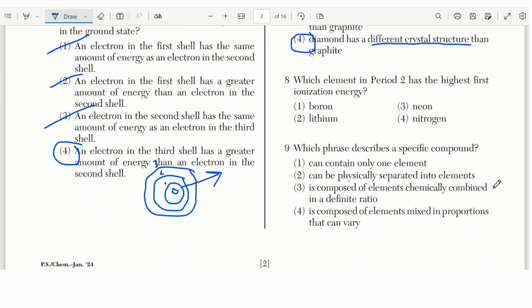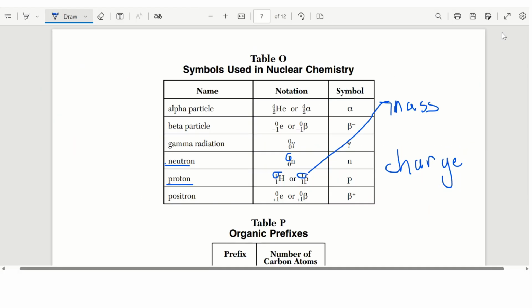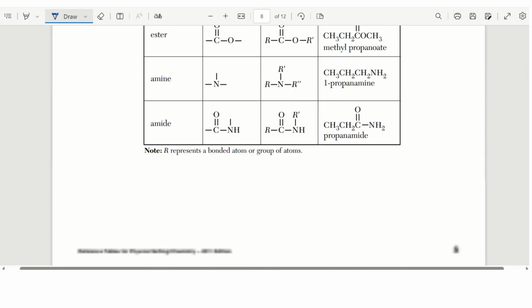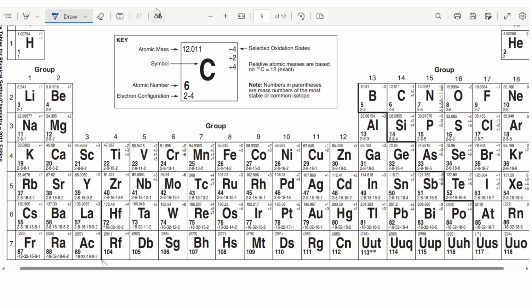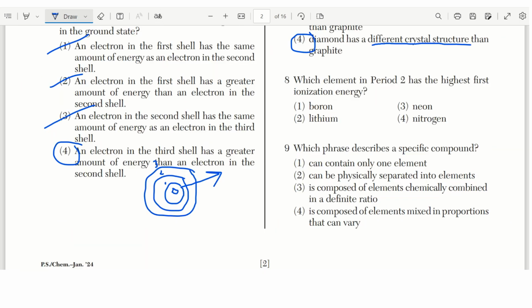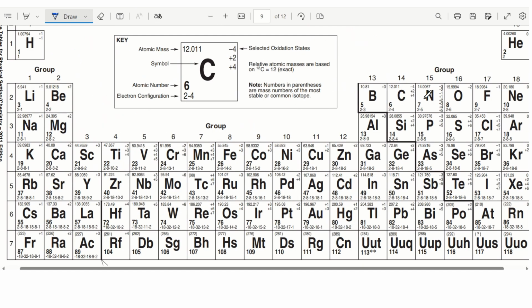Okay? Number 8, which element in period 2 has the highest first ionization energy? Okay, so now I need a reference table, right? So let's go to our reference table. And it says which element in period 2. Okay, so here's period 2.